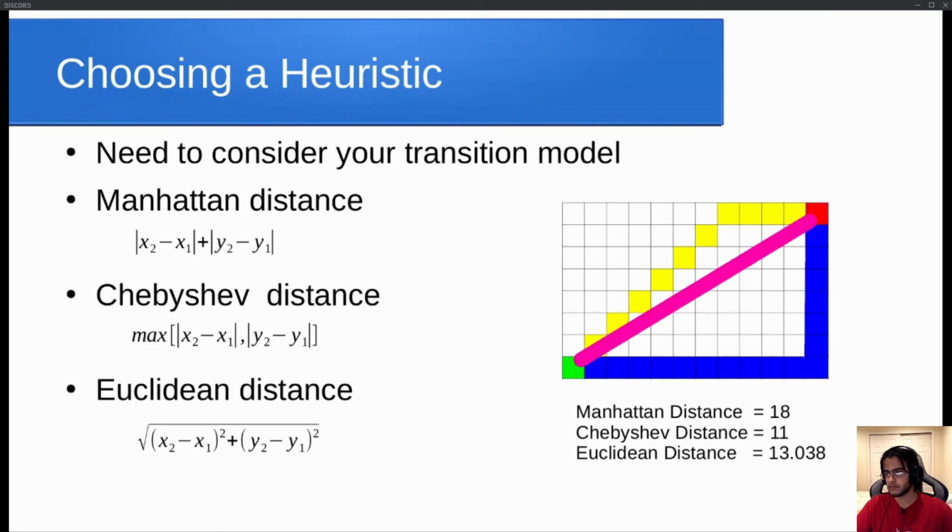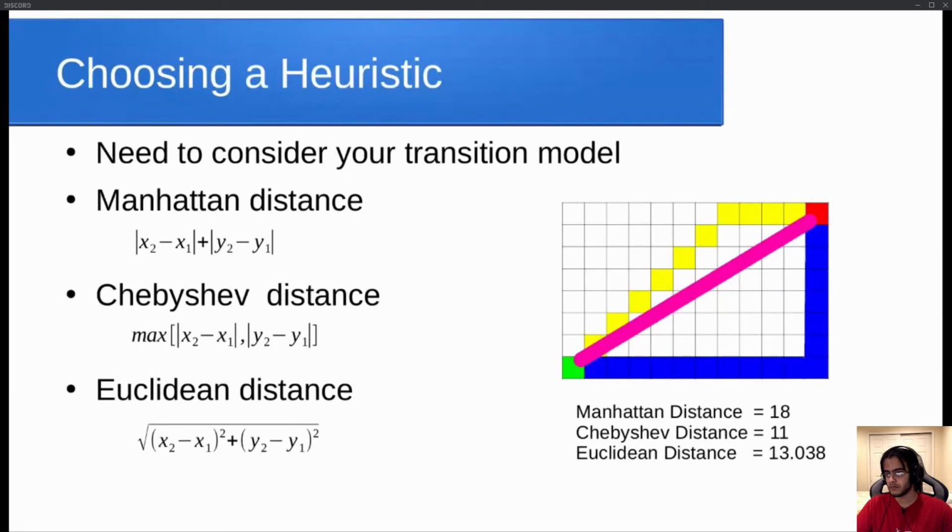It can't overestimate. So if we can only move up, down, left, and right, the path we would take from the green start to the red goal would probably match that path right there. And in both of these cases, the other two heuristics are admissible, right? They underestimate what the actual distance would be, which is what you want.